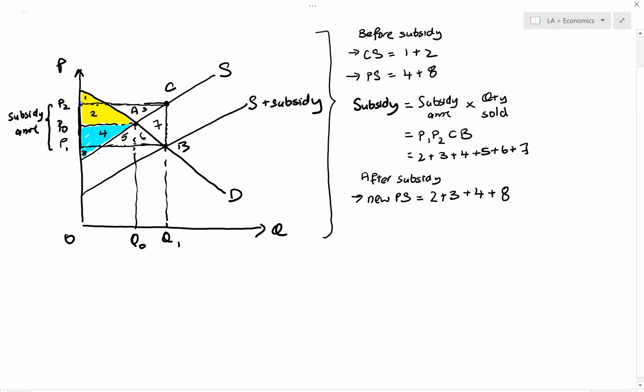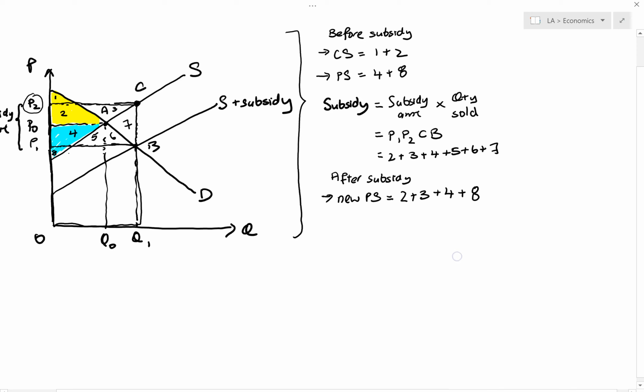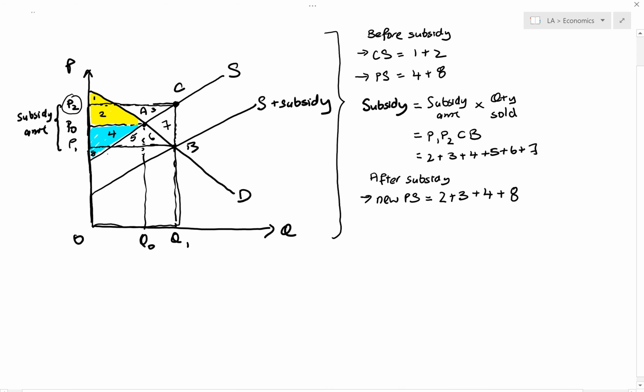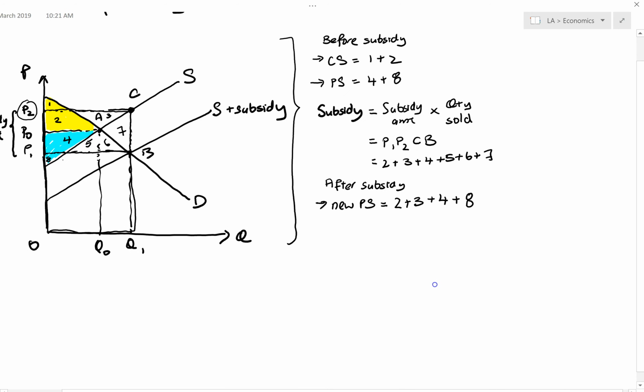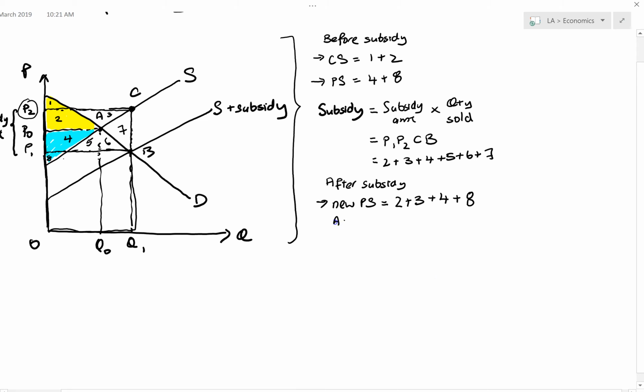The government is going to pay P2 to the producer. So the total spending, sorry, not total revenue, the total spending by the consumer is OP1BQ1.